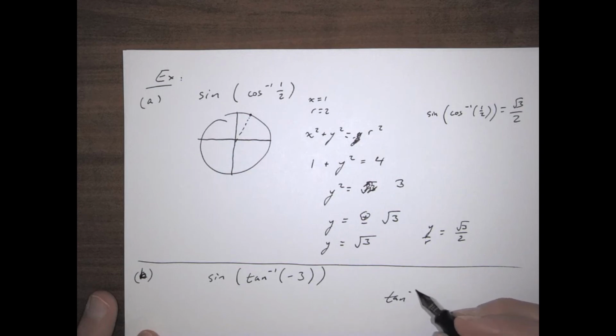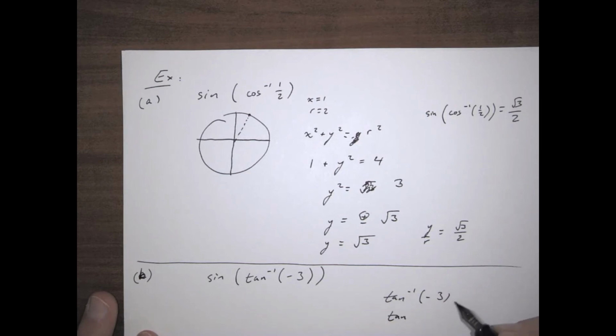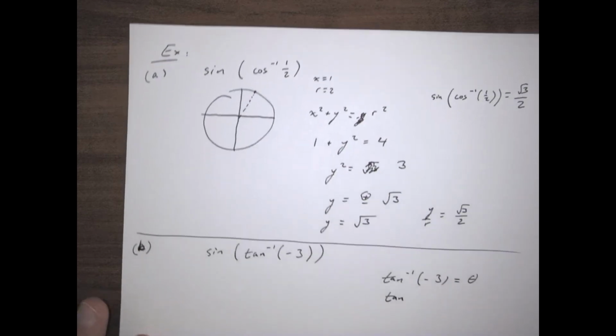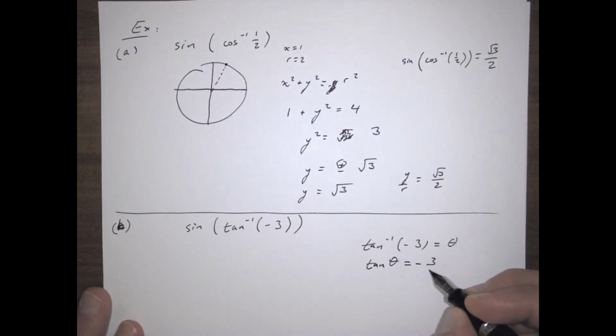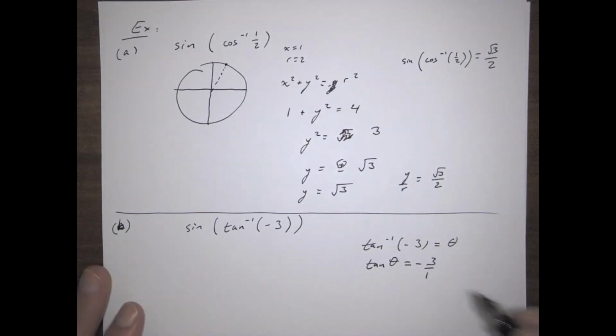Tangent inverse of -3. In other words, let's just call that theta. So that means the tangent of theta equals -3 over 1, I could say. And so then maybe I can make that my y, that my x.